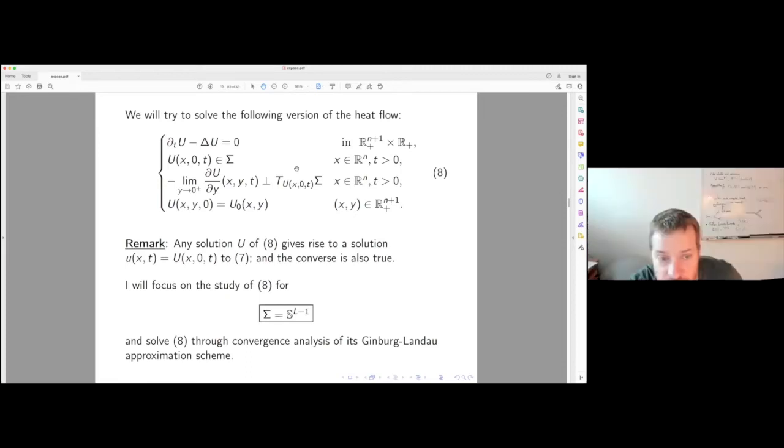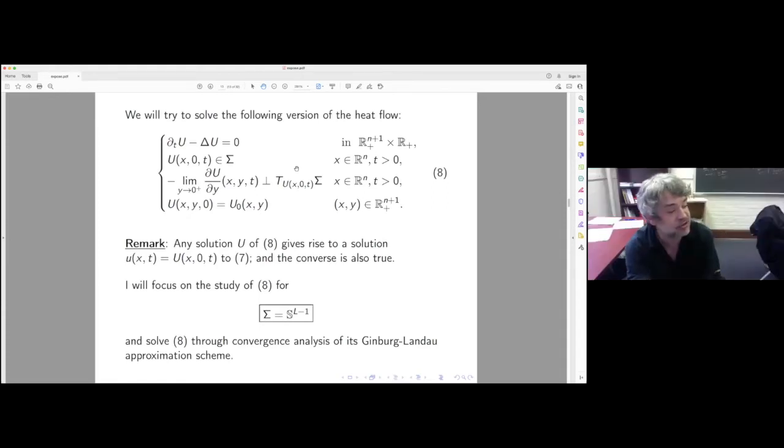And for a compact manifold with boundary, you could also presumably do similar things, or it would be simpler, or does the fact that it's not compact here play a role or not? Well, it depends which type of analysis you want to do. Because what I will be constructing is a solution of this flow, which is a weak solution and happens to be smooth everywhere except on a closed set.